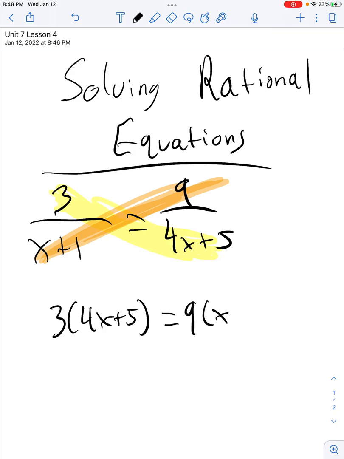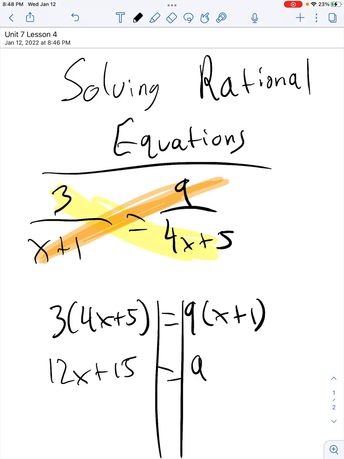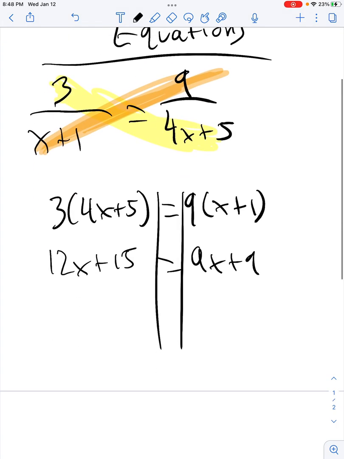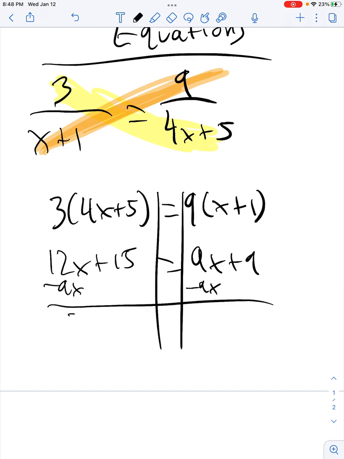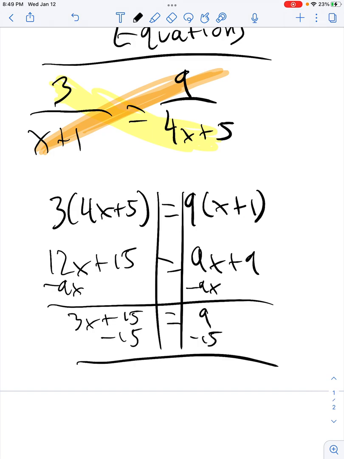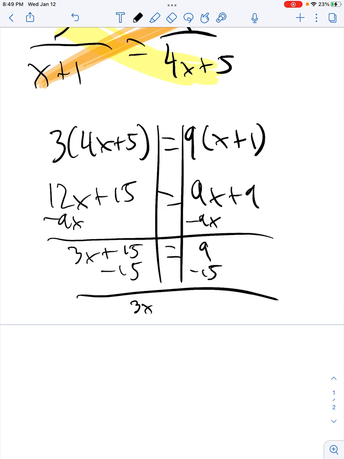So this is going to be 3 times 4x plus 5 equals 9 times x plus 1. 12x plus 15 equals 9x plus 9. Subtract 9x. 3x plus 15 equals 9. Subtract 15. 3x equals negative 6.